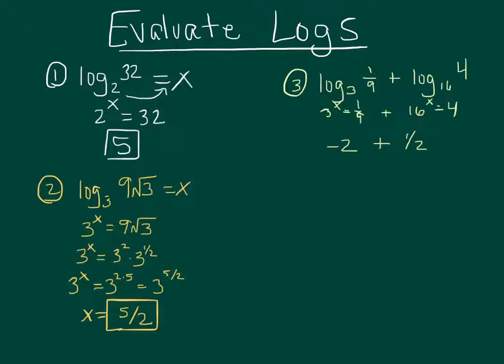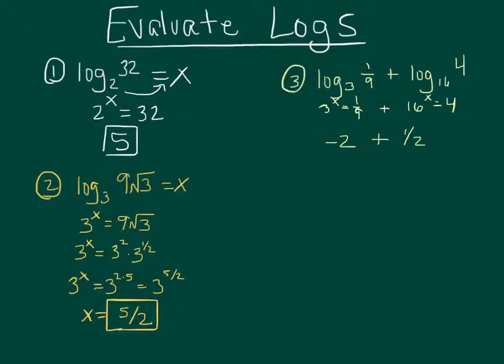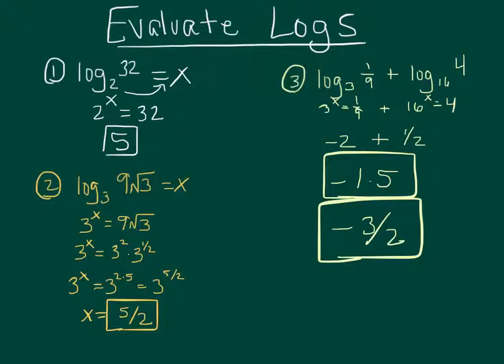Again, the 1/2 power is the square root, and the square root of 16 is 4. So then we add these together. Negative 2 plus 1/2 is negative 1.5. So you can leave your answer like that, or you can say negative 3 over 2. Both are okay with me today.